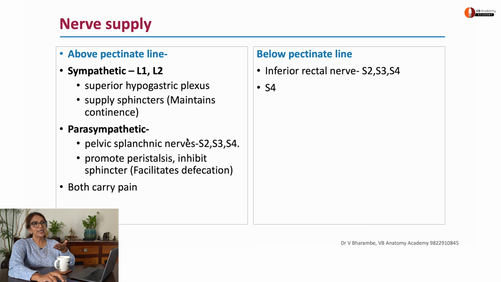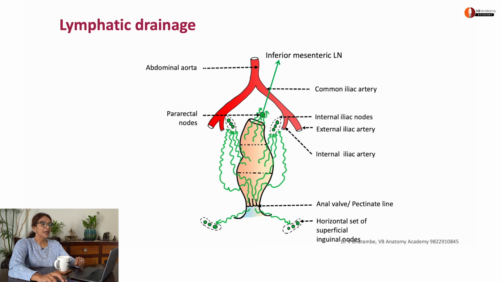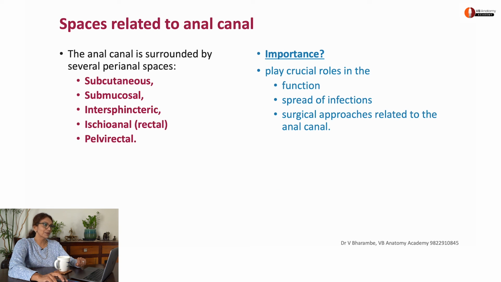Nerve supply, like I said, above is by sympathetic and parasympathetic, below is by somatic. Sympathetic usually maintains continence. Parasympathetic facilitates defecation. Lymphatic drainage: the upper part drains into inferior mesenteric lymph nodes. Middle and lower part drains into the internal iliac lymph nodes, and the lowermost part drains into superficial inguinal lymph nodes.